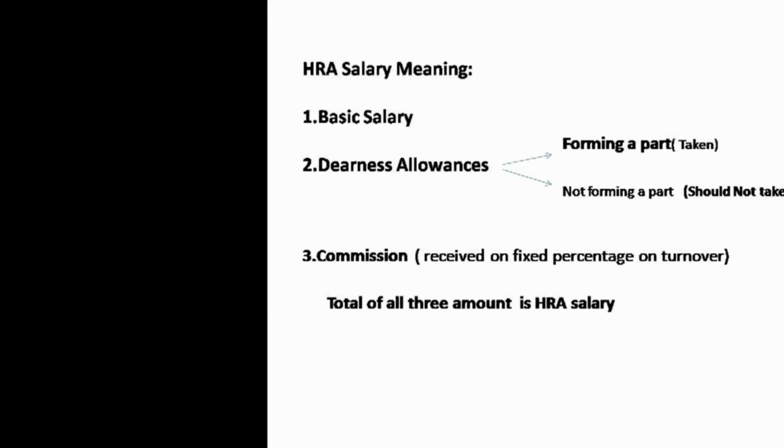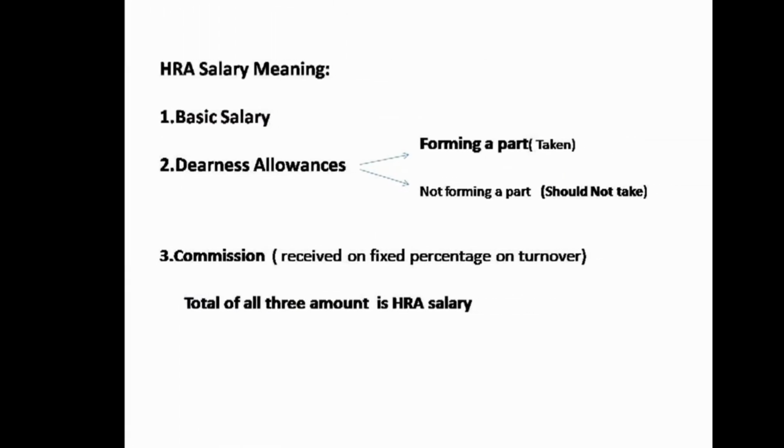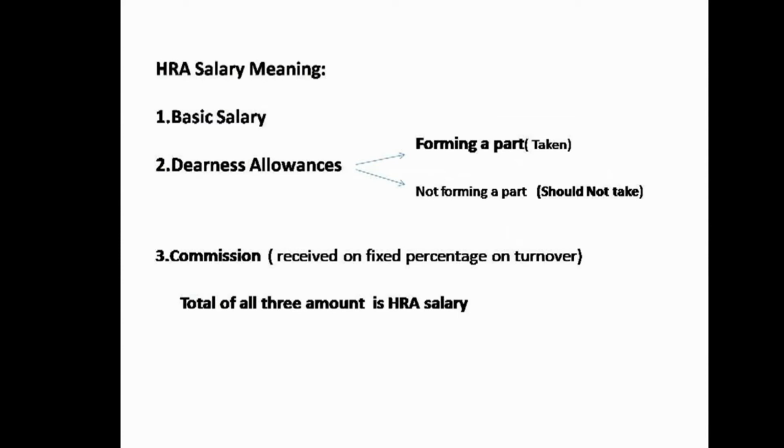Now, before applying the rules, we must know what HRA salary is. HRA salary is nothing but, number 1, his basic salary. Number 2, his DA allowance. But we have to note down an important thing: DA allowances are of 2 types, one forming a part of salary and the other not forming a part.